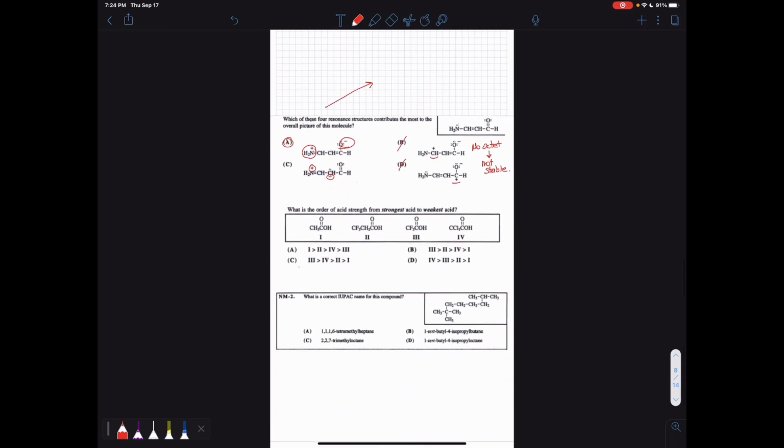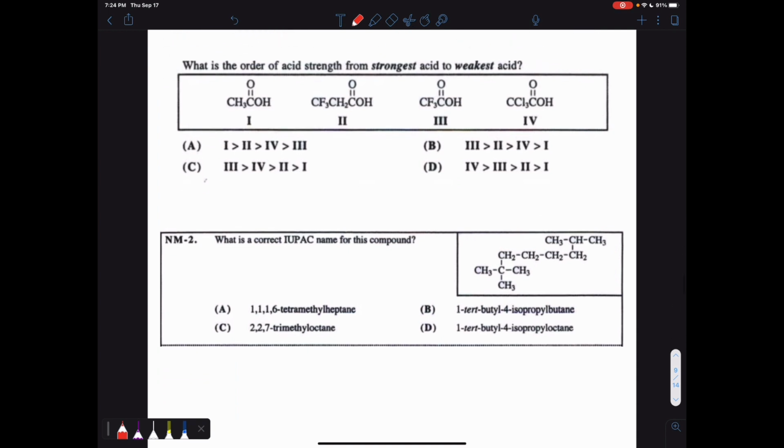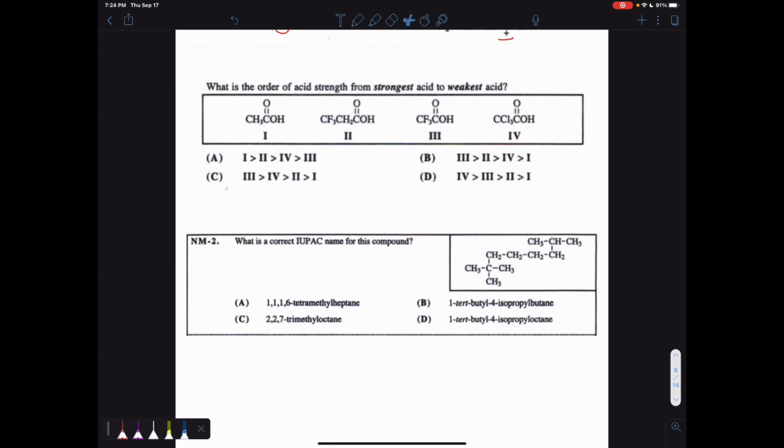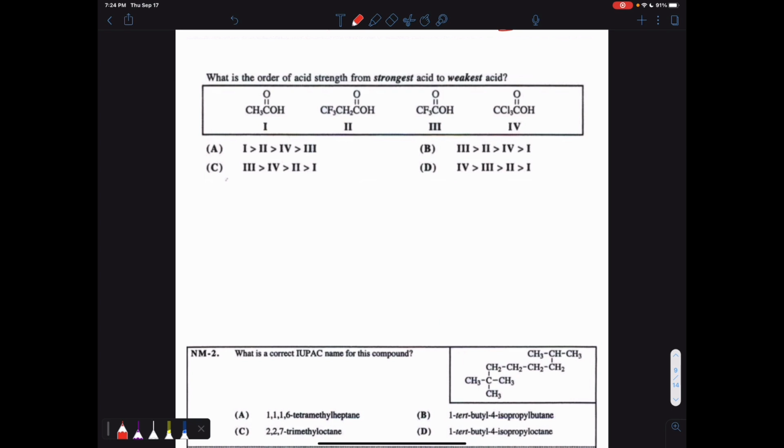Alright, so the second multiple choice: what is the order of acid strength from strongest to weakest acid? In this example, what I like to do as the first step is remove the acidic hydrogen. So in one, by deprotonating it, I'm going to have O minus. Number 2 is going to be CF3. Actually, let me draw this out.